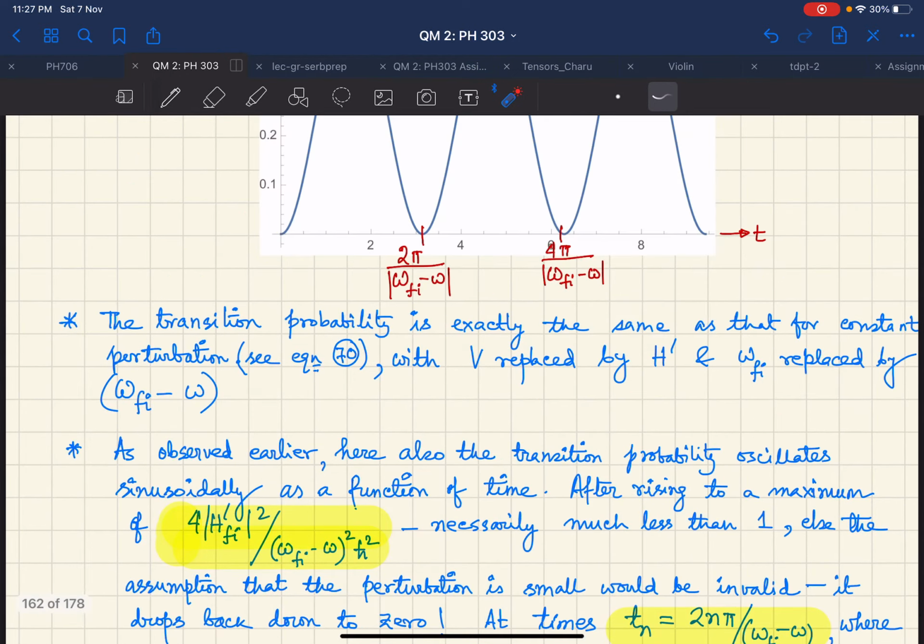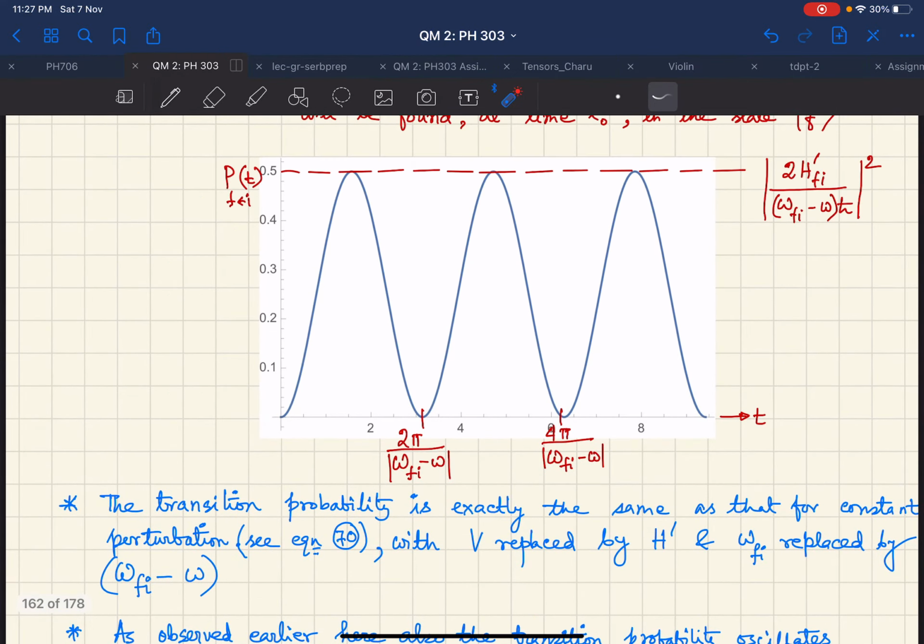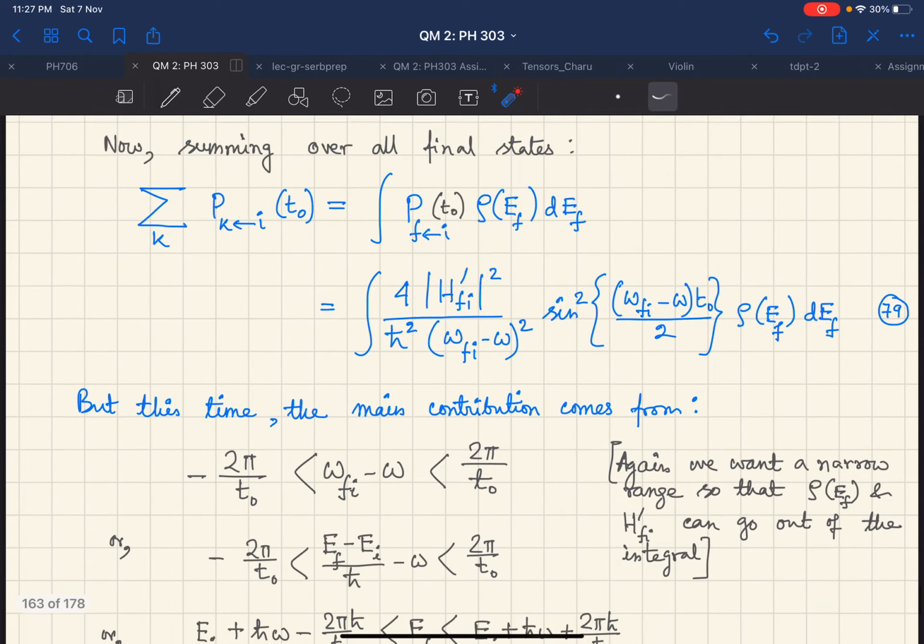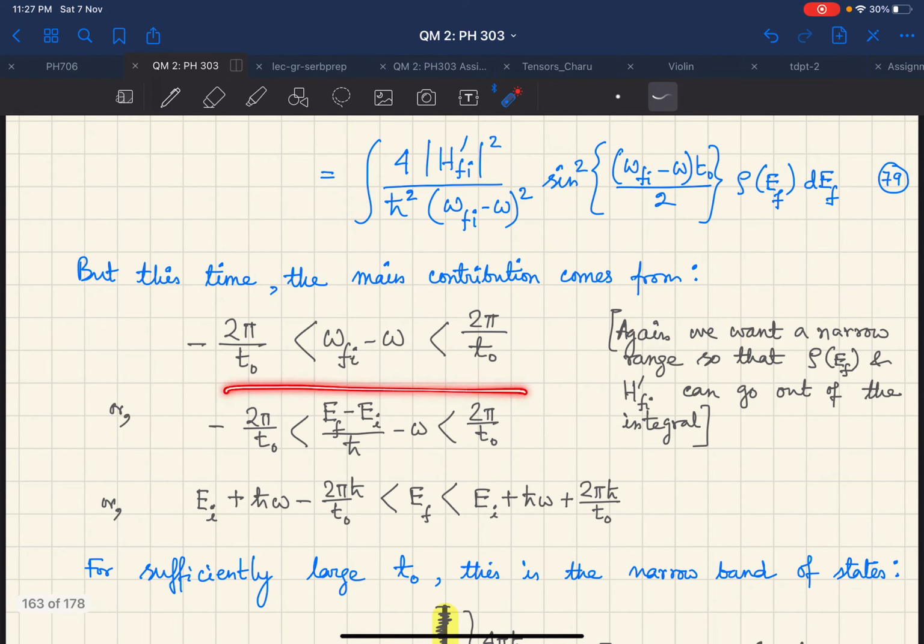That is what is expected. So from here you can also see that this T0 should be 2 pi by omega Fi minus omega, so omega Fi minus omega should be 2 pi by T0. And that is the interval you are actually looking at.